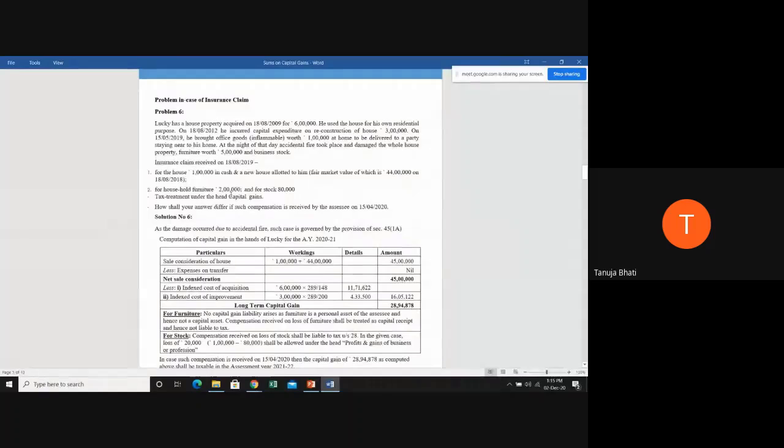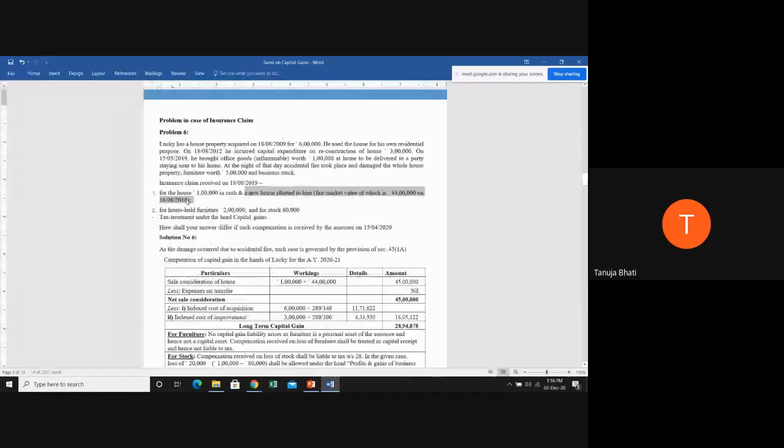Now let us see what is the claim received. For house, 1 lakh was received in cash. Now we know that the entire house also was being damaged. So for house, how much insurance claim did he receive? 1 lakh in cash he received, and the new house property was allocated to him, the fair market value of which was 44 lakhs as on 18/8/2019.